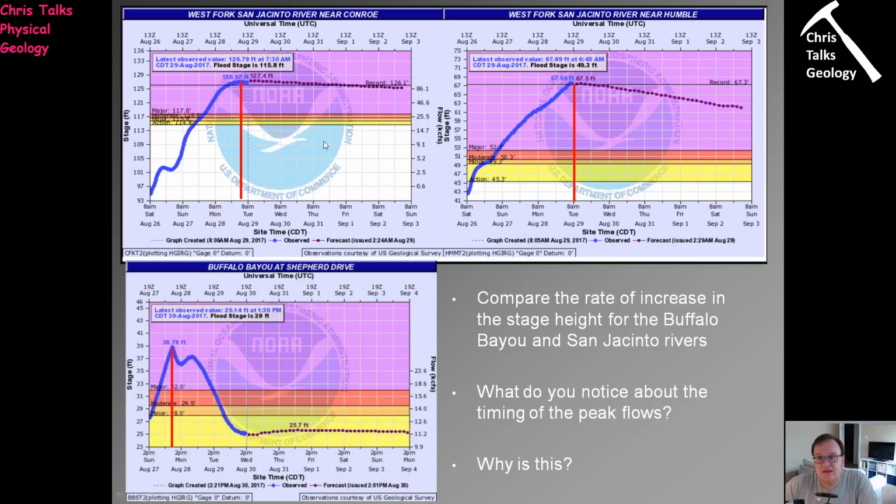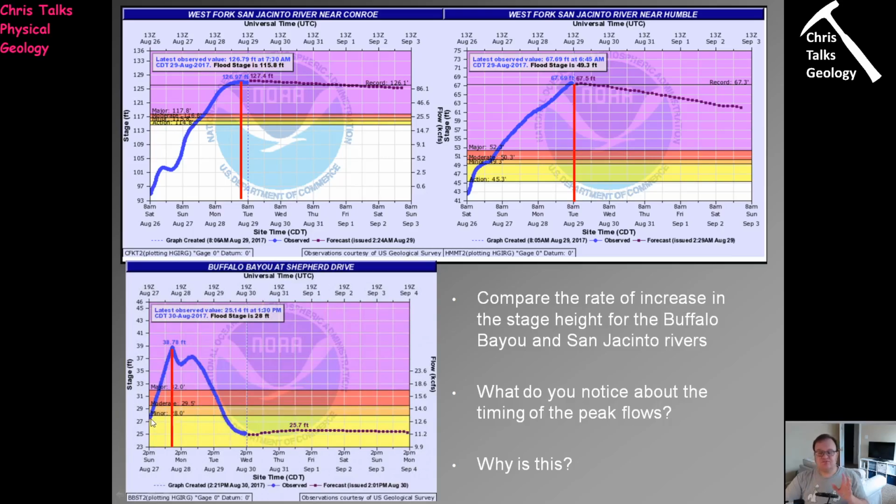Now, if we look up here at the San Jacinto rivers, what do we see? Well, we do see the discharge comes up very, very fast. Once we reach the peak, the discharge takes a very, very long time to go down because there's lots of flooding in the area. But if we notice when the peak occurred, it occurred very, very early on the Tuesday. So the San Jacinto River was a day behind the west side of Houston.